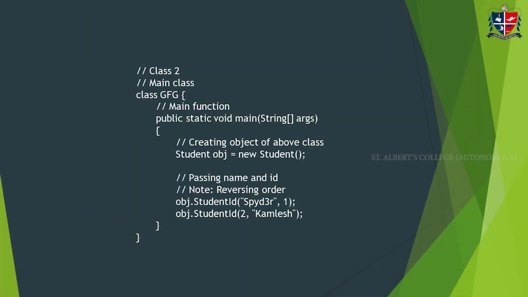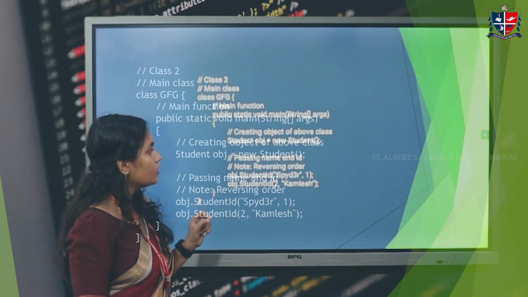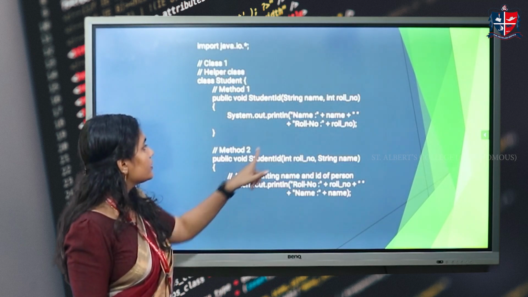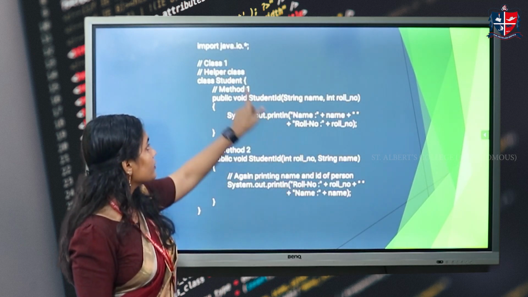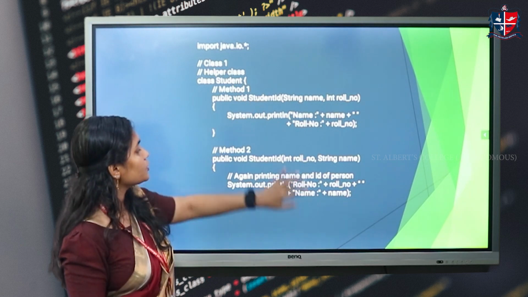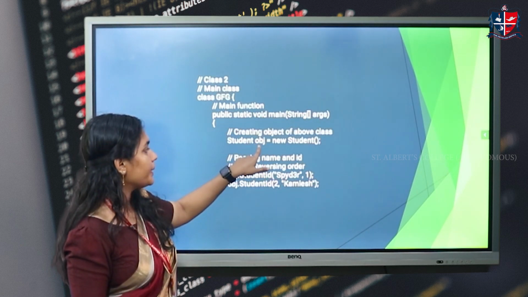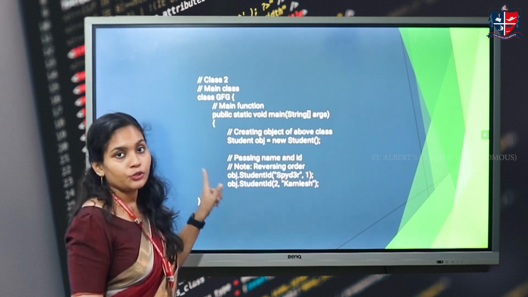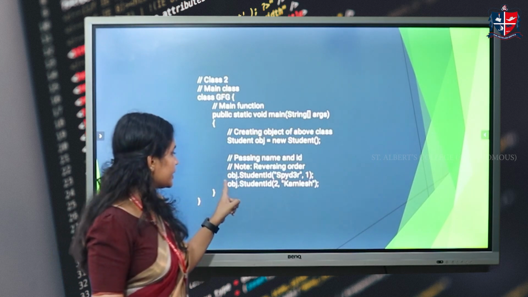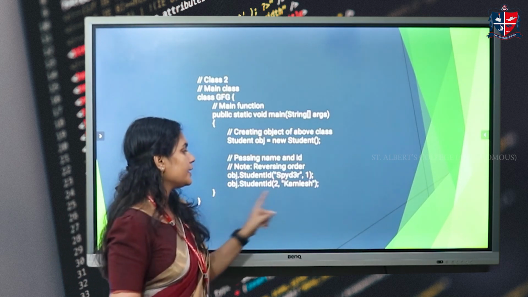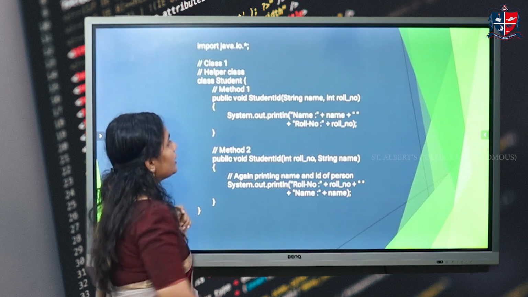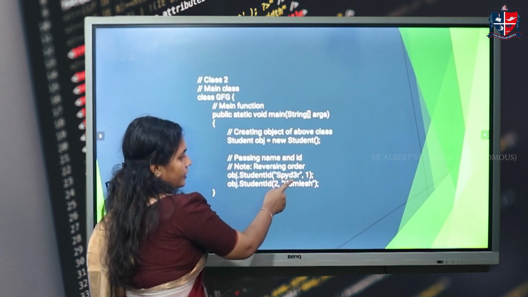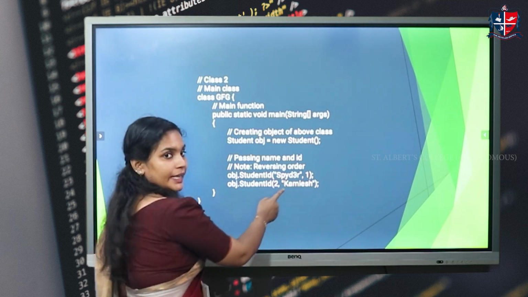So this is the main class. We already know that we can create the object for the Student class, and the Student class object is obj. So by using the obj object, we can access the two functions separately. In the first case, obj dot studentId will access the function of the first case because the values are string first, then integer.